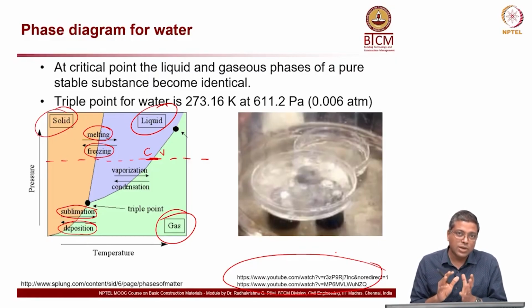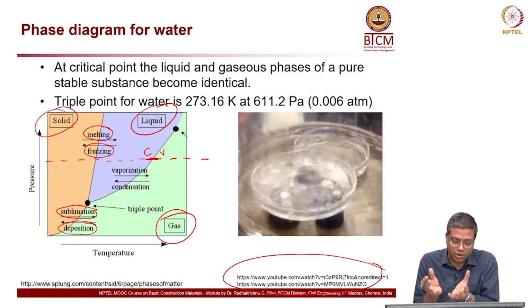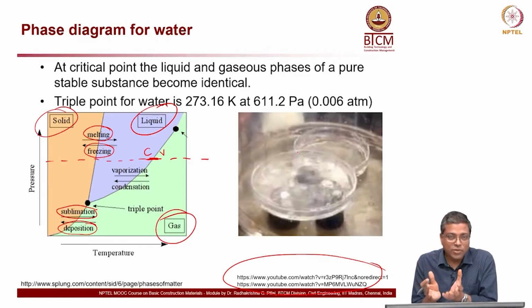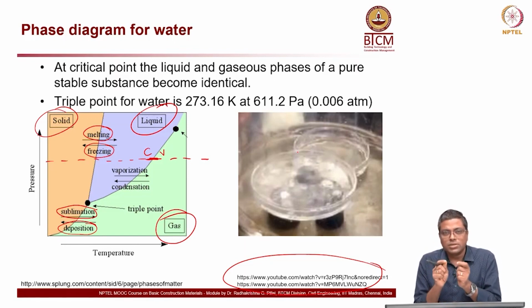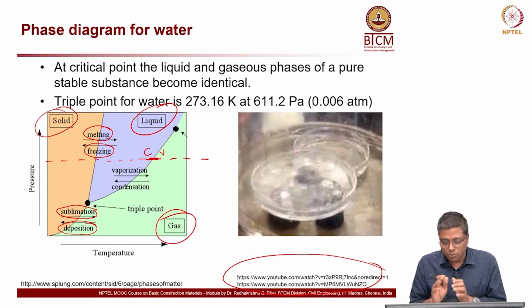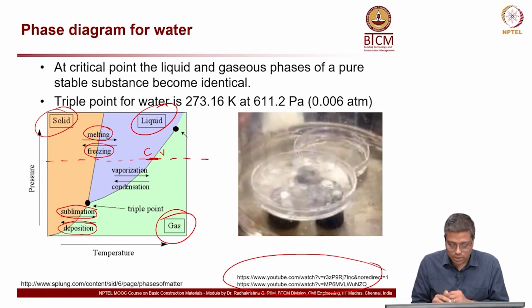So all three coexist because different locations in the dish, or the H2O in different locations in the dish, experience different combinations of pressure and temperature, and then slight movement in the pressure and temperature leads to this change in phase. So please watch this video as an assignment. I am telling you, please watch this video. It's very interesting to see.